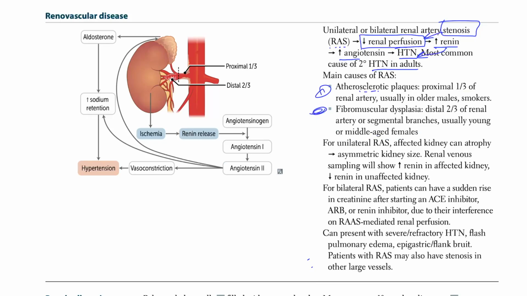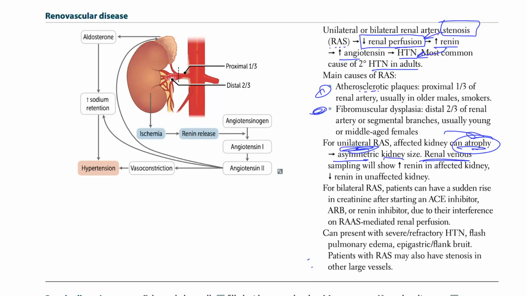Okay, now let's talk about unilateral renal artery stenosis. The affected kidney can lead to atrophy, leading to asymmetric kidney size, right? Because it's only unilateral. Whatever is affected, there's a stenosis that causes that kidney to go into atrophy, which causes asymmetric kidney size because the other is normal and this is atrophied, right?